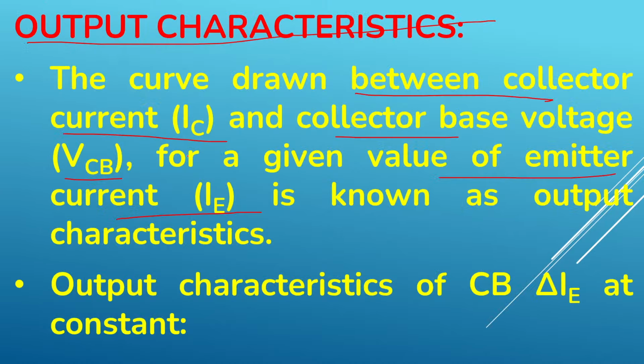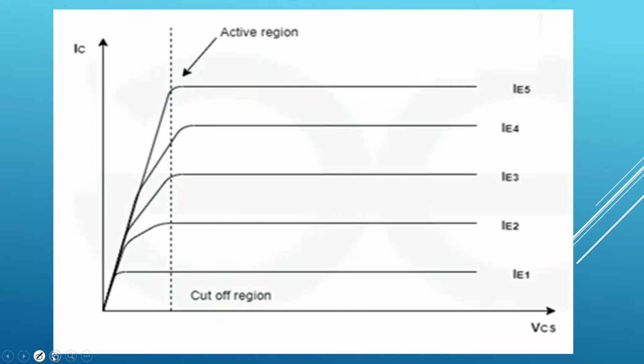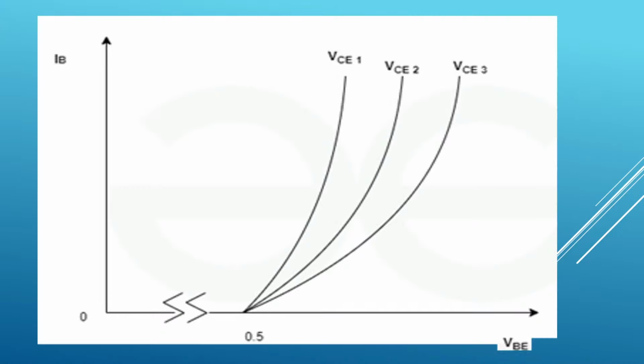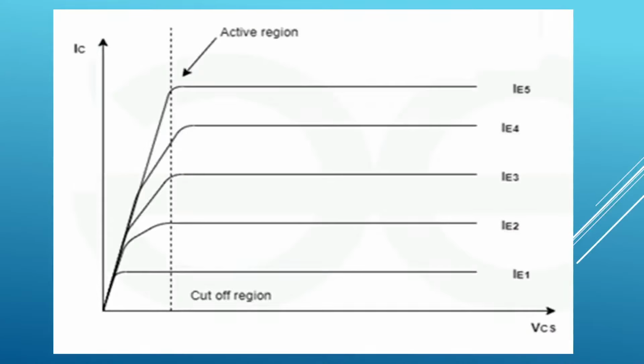we get the output characteristics. For some IE value, assuming IE constant, varying VCB, IC will vary, so that for some value of IE you may get this.